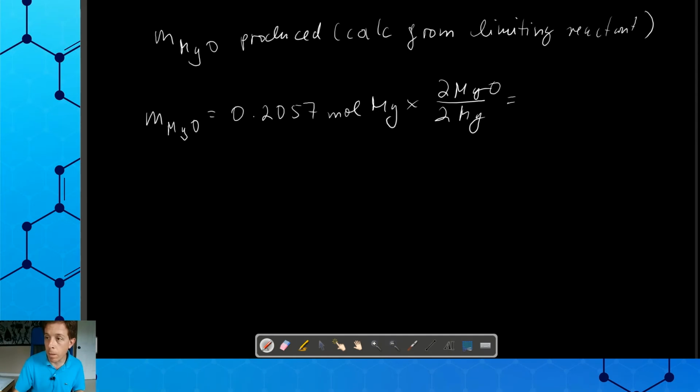So it's really 1 to 1. We can do this all in one step here, and then convert this to grams, which is what we're really interested in. So the molar mass of magnesium oxide is 40.31 grams of magnesium oxide divided by the moles of magnesium oxide.